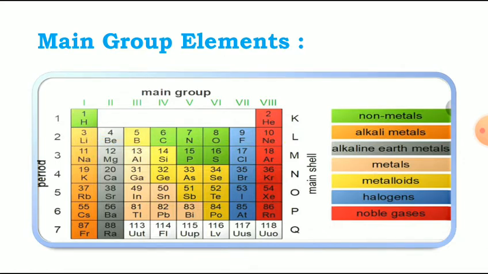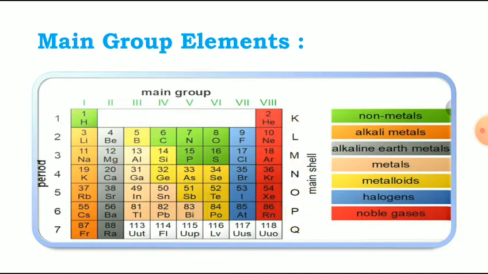The third period is from sodium to argon, the fourth from potassium to krypton, the fifth from rubidium to xenon, and the sixth from cesium to radon. So horizontally these are the periods. And these are the shells, K, L, M, N, O, P, Q.